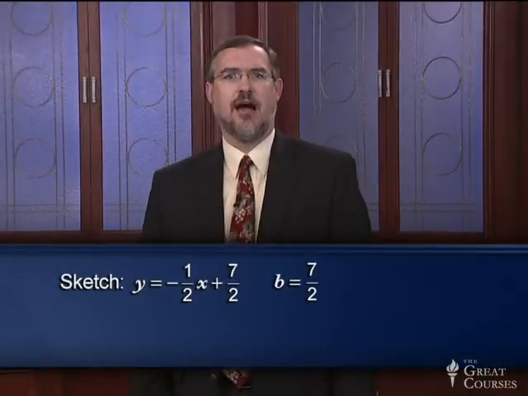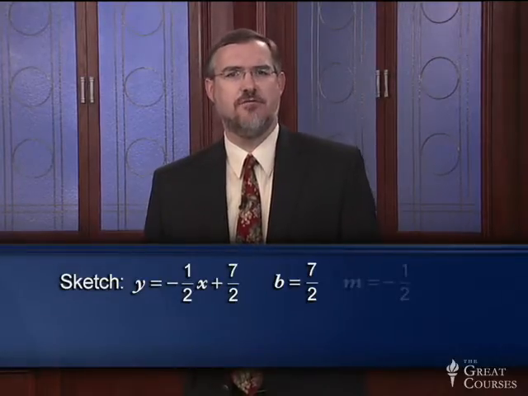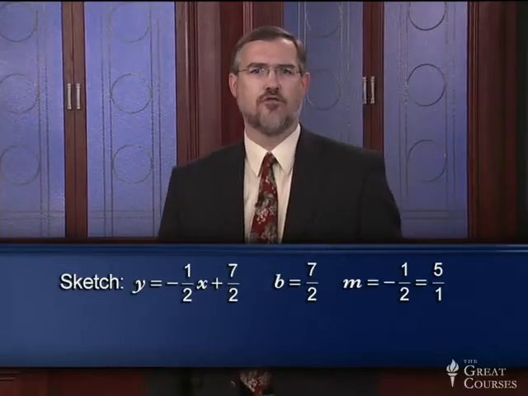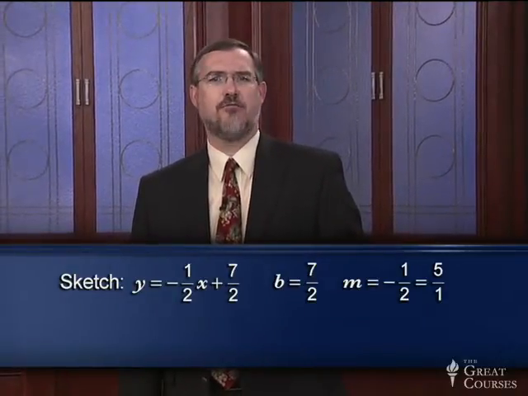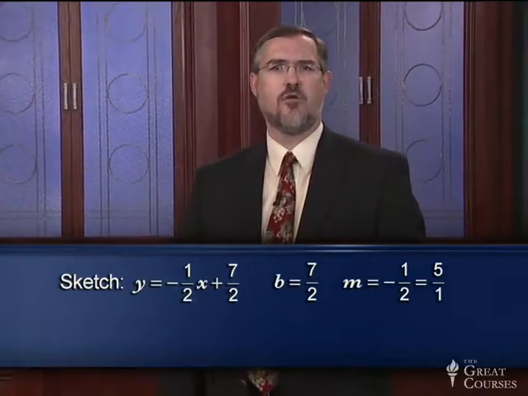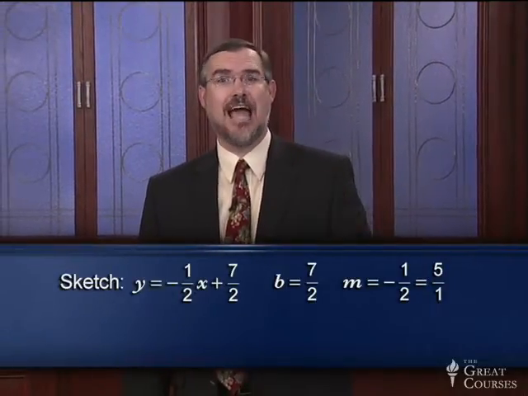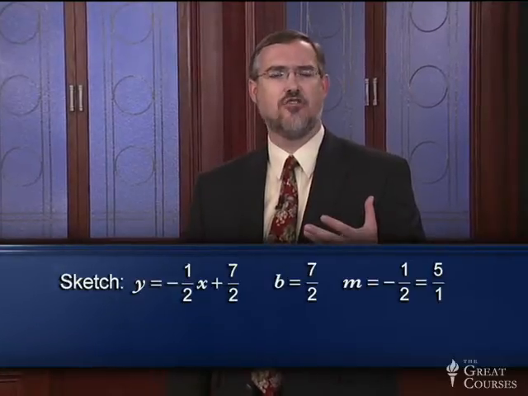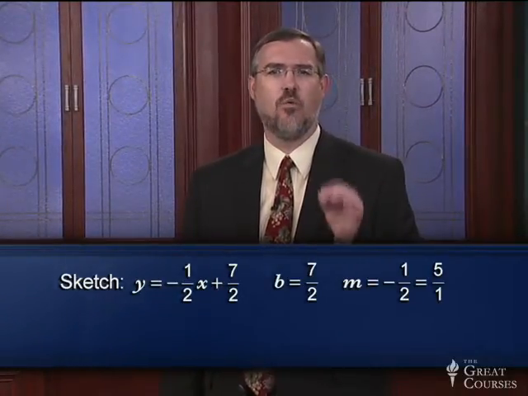Done. Now, we see that the slope is negative. It's negative 1/2, or negative 1 over 2. That means for every 2 units we move to the right, we must move down 1 unit. And we have to go down because we can think of that numerator as negative 1.